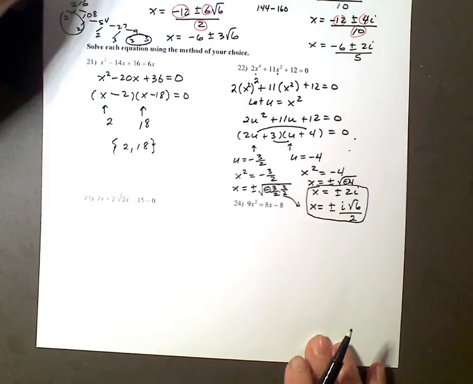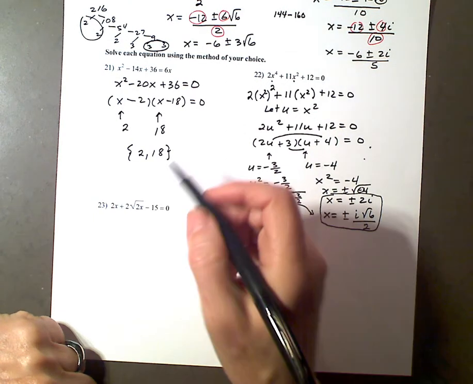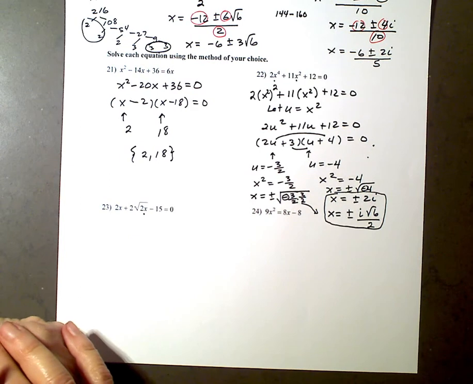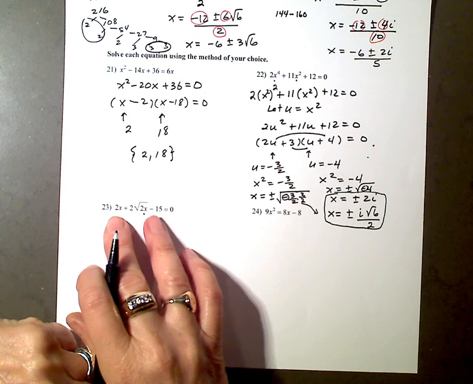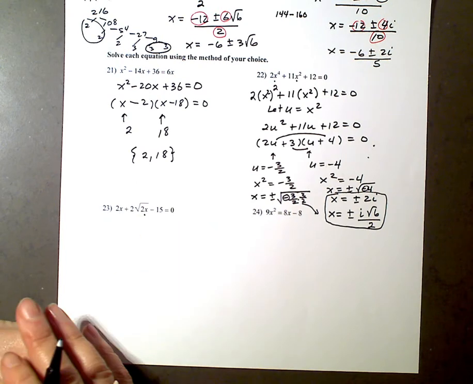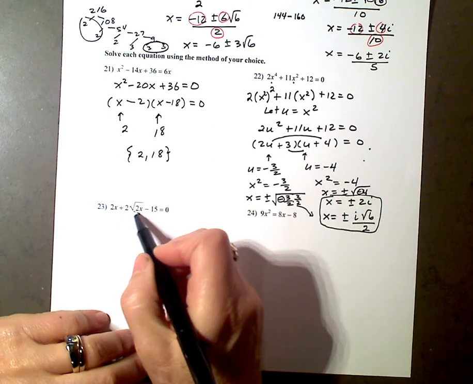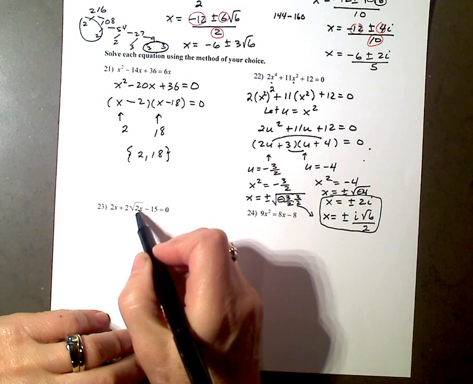Okay. So for this one, number 23, I notice that I have an x under the radical, making this a radical equation. I could solve it by isolating this term, getting the 2x and the 15 on the other side and squaring both sides the way we've done in previous chapters. Or I could say, I notice that this function of x, this square root of 2x, is squared over here.